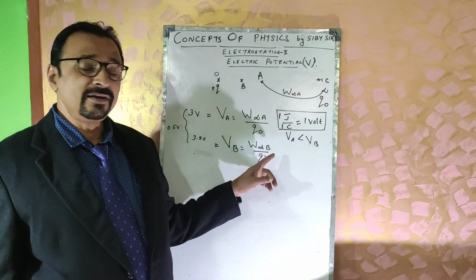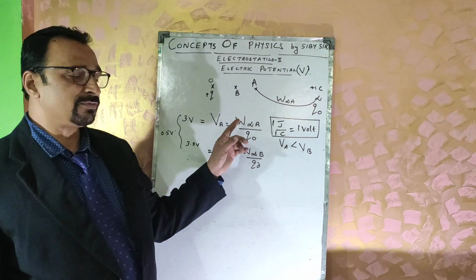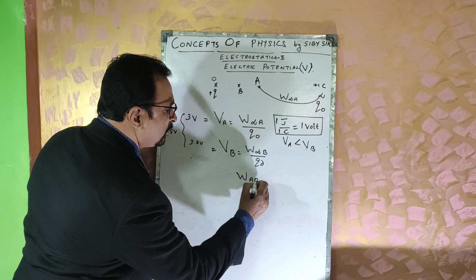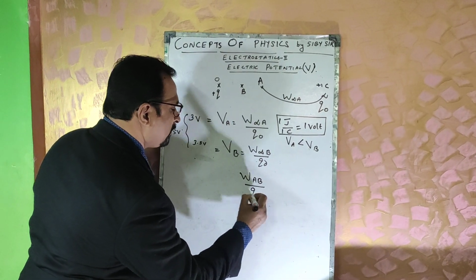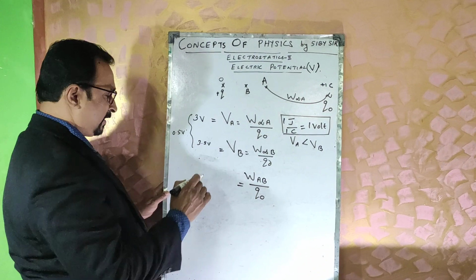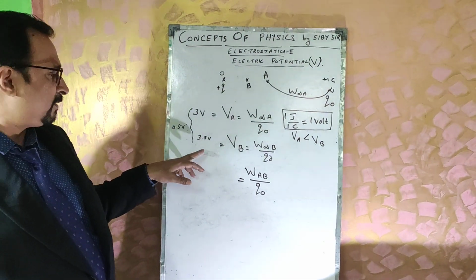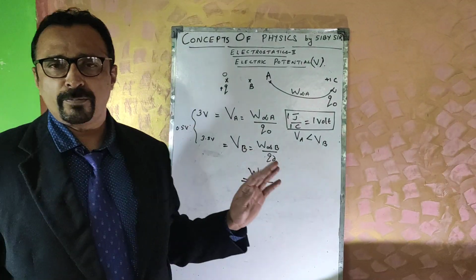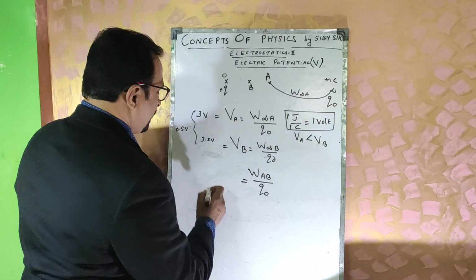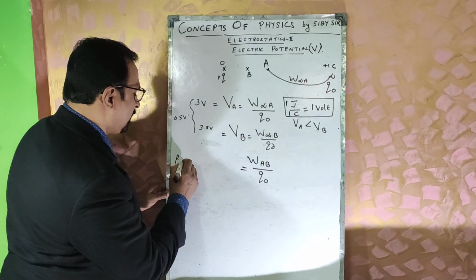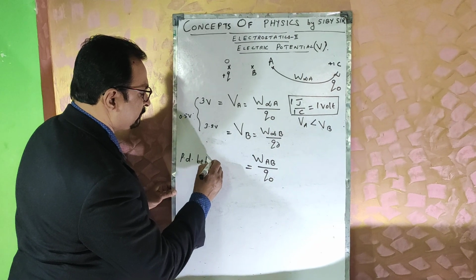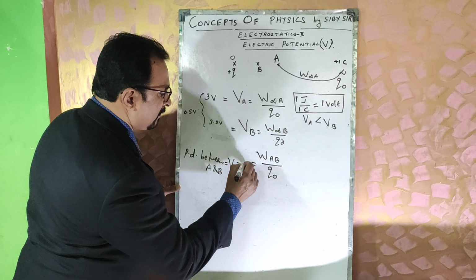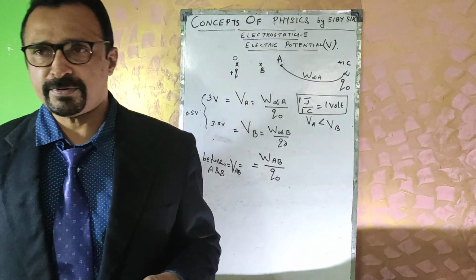That is the work done to displace unit positive charge from A to B. Potential at A is 3, potential at B is 3.5, so 3.5 minus 3 is 0.5 volt, and that is called the potential difference between A and B, indicated by VAB. So VAB stands for the potential difference between A and B.